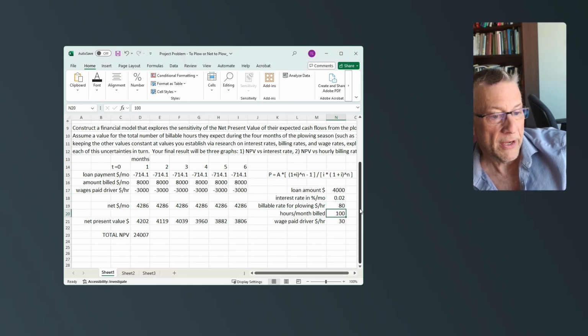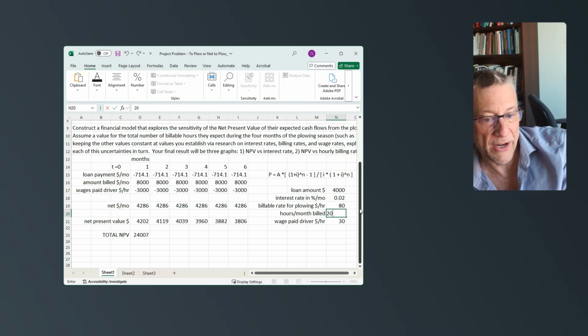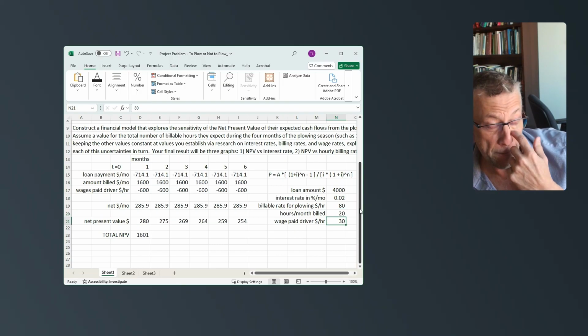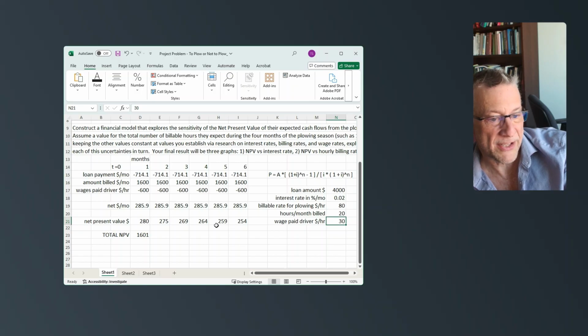What if it's not a snowy winter and we only get 20 hours a month instead of 100? Now, the amount that we're able to bill is far less, and the net present value of the project goes down to $1,600. What if we can't find a driver for 30 and we have to pay 50?